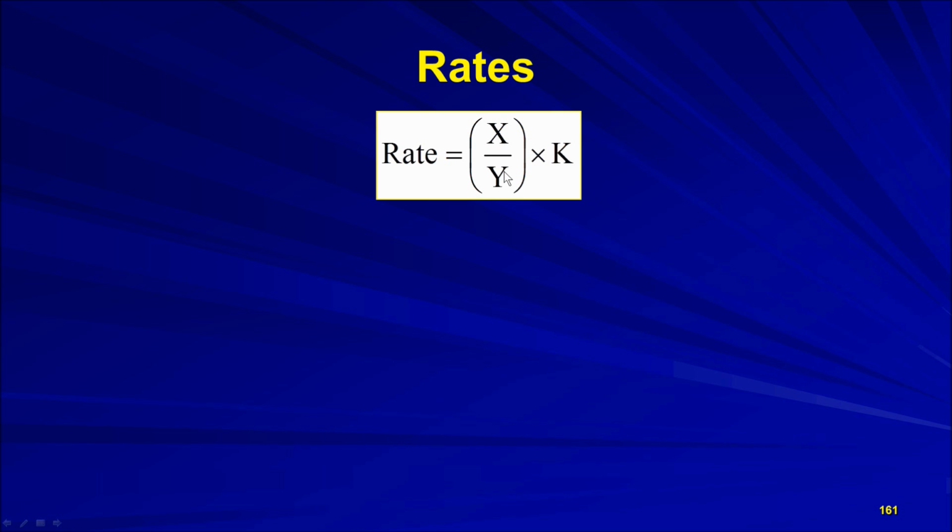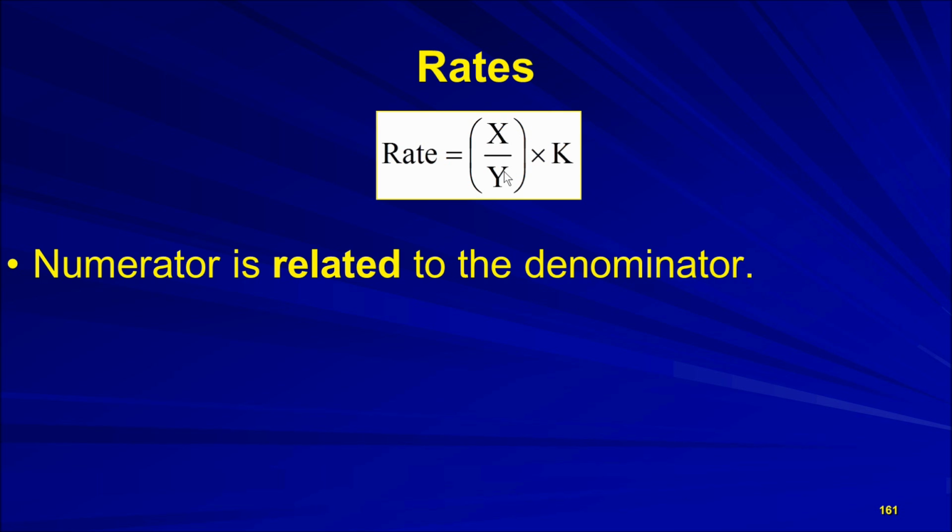Okay, next, we know that the numerator is related to the denominator. In other words, some of the cases in the numerator are also in the denominator. We don't know who they are, but they're covered in both the numerator and the denominator. So usually rates are called crude because we can't separate out who's in the numerator from who's in the denominator, and we use both to make the calculation.